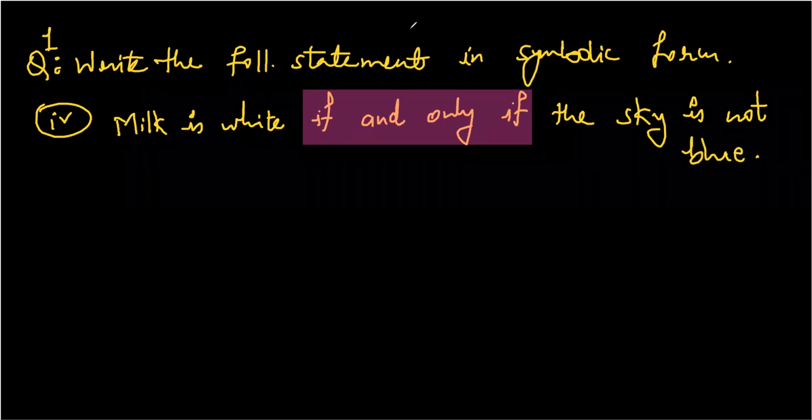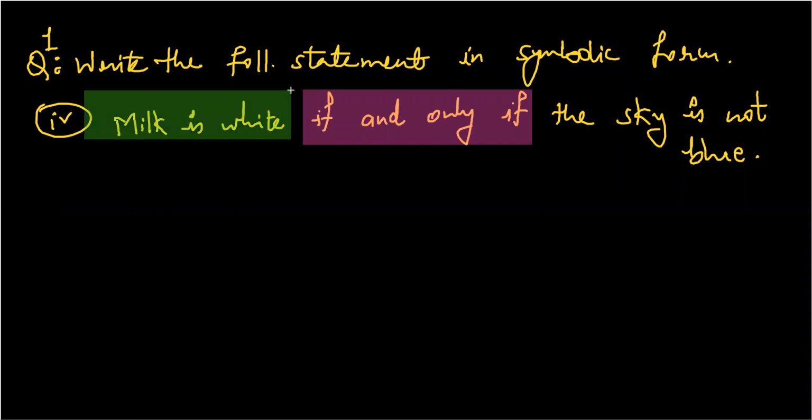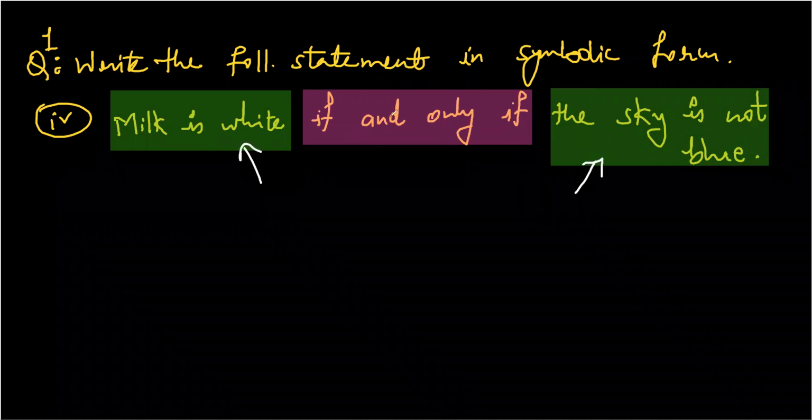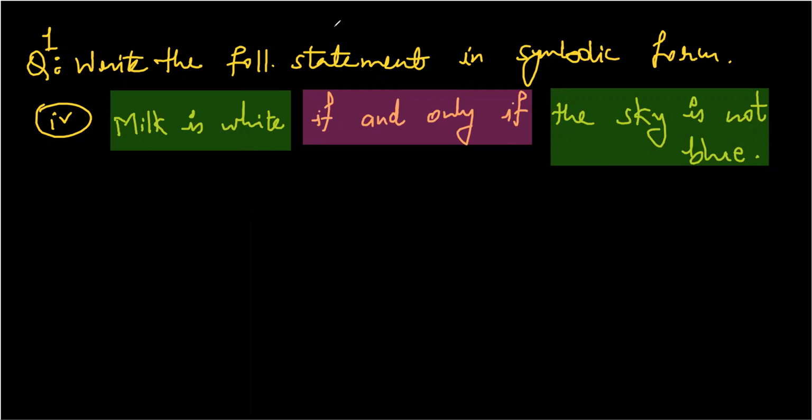So students, we understand if this is the connective, then this one and this one here, these two are the simple statements. These are two component statements or simple statements which are connected by the connective, biconditional or double implication. So I have to write this whole statement in a symbolic representation.